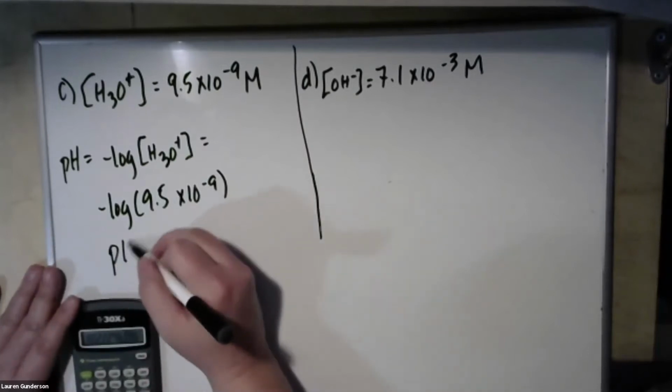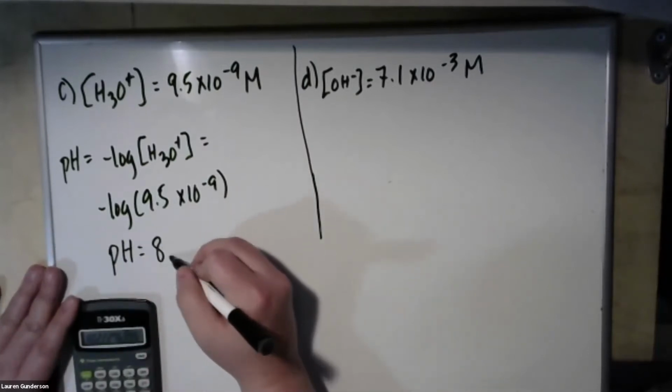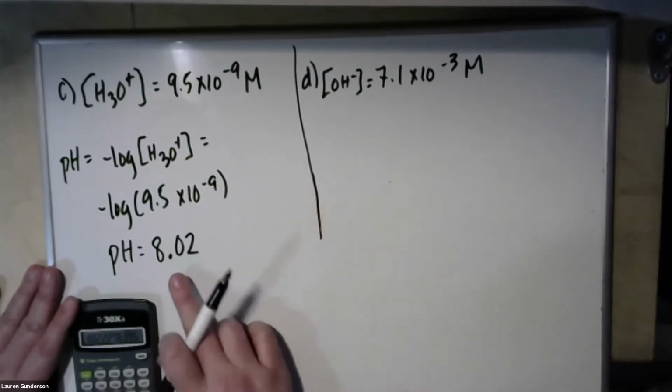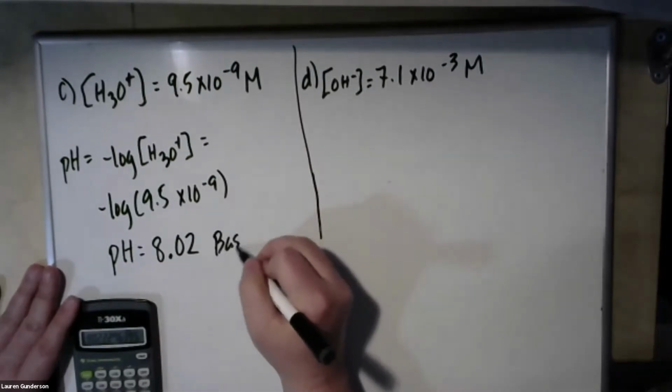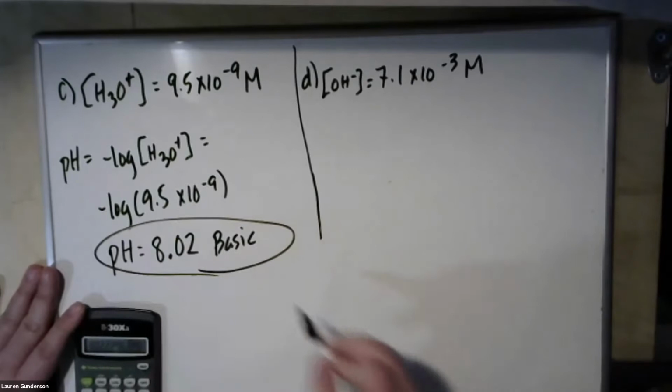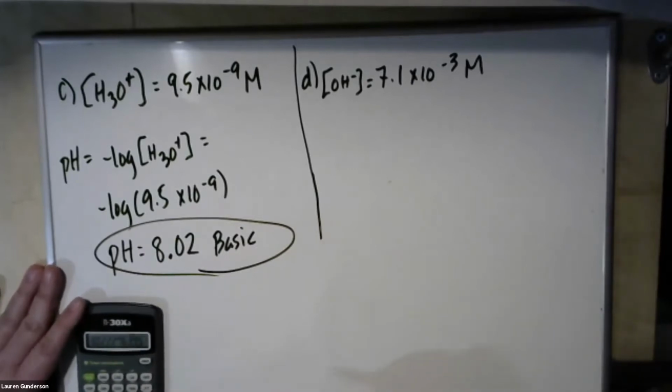All right, we get a pH of 8.02, and that pH value is going to be basic because it's above 7.